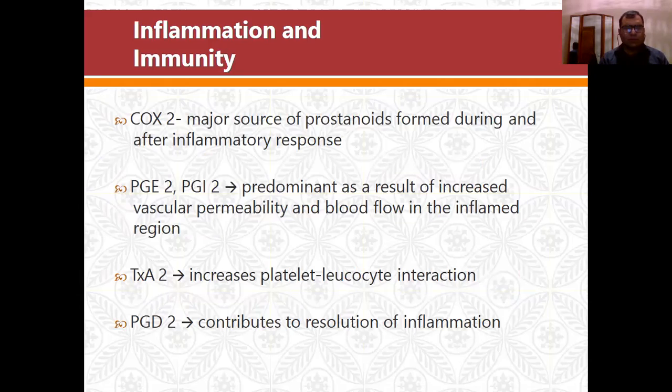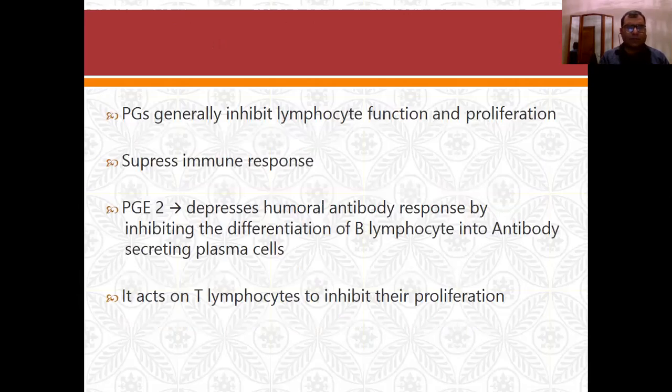Prostaglandin D2 contributes to resolution of inflammation. Prostaglandins generally inhibit lymphocytic function and proliferation, and suppress immune responses. Prostaglandin E2 depresses humoral antibody response by inhibiting the differentiation of B lymphocytes into antibody-secreting plasma cells. It acts on T lymphocytes to inhibit their proliferation.